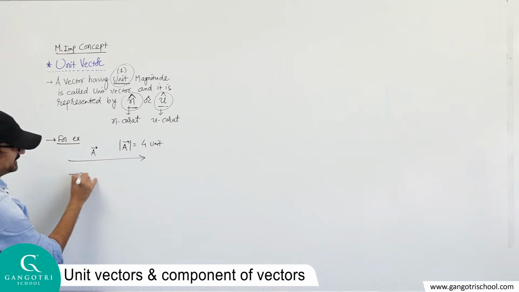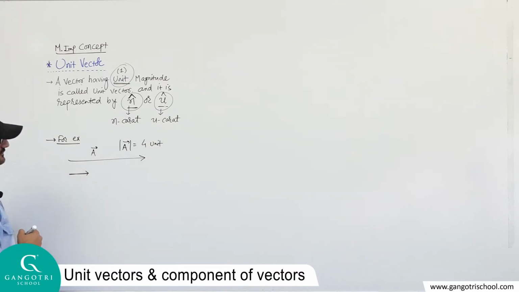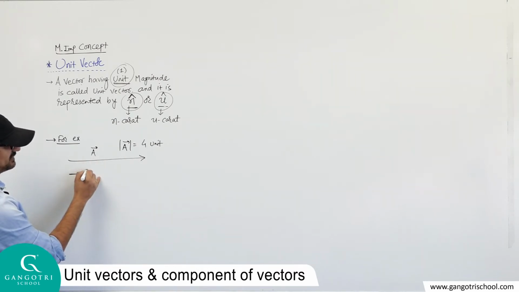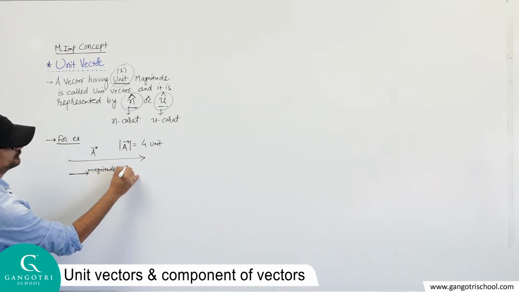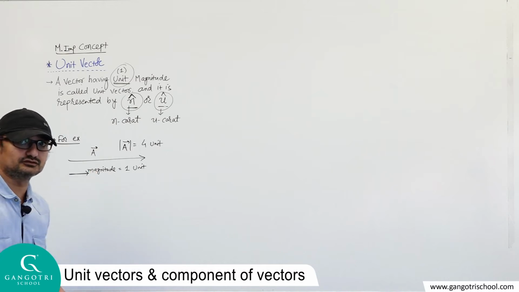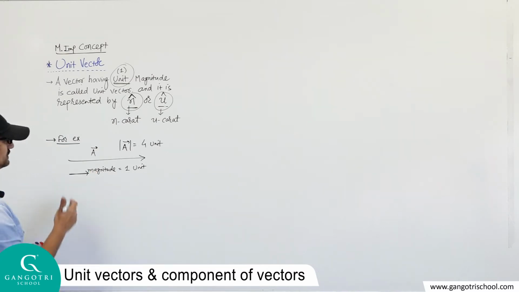Now I'll draw another vector. Suppose this is another vector. First of all, this another vector is in the direction of vector A. But suppose its magnitude is 1 unit. Its magnitude is 1 unit, that's why it is known as a unit vector. This is known as n caret a. Why will I write a in the suffix?